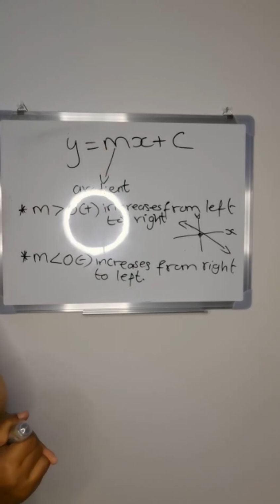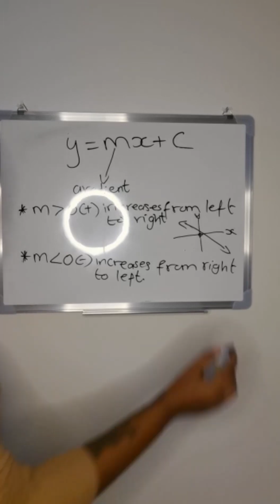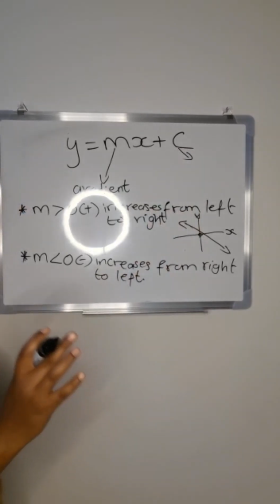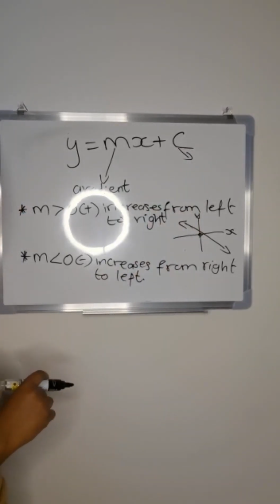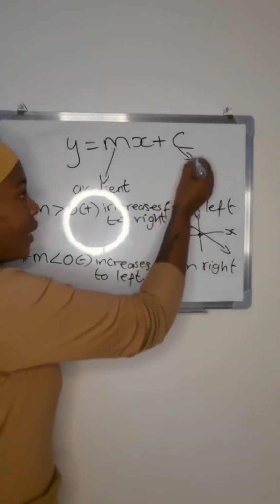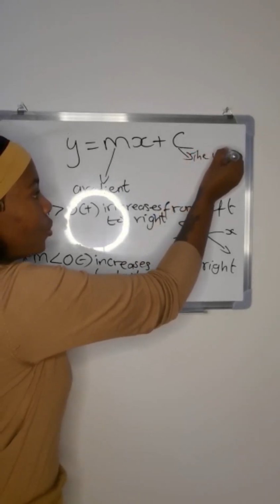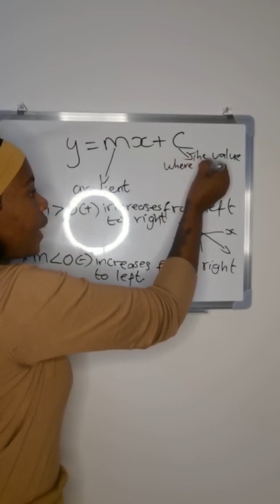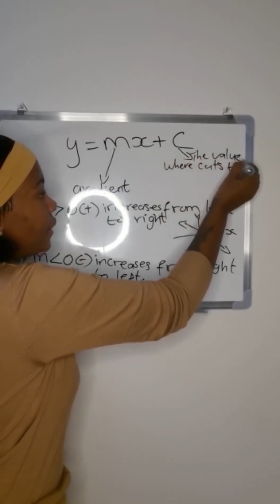Now let us look at how c affects the mother graph. c gives us the value where the graph cuts the y-axis.